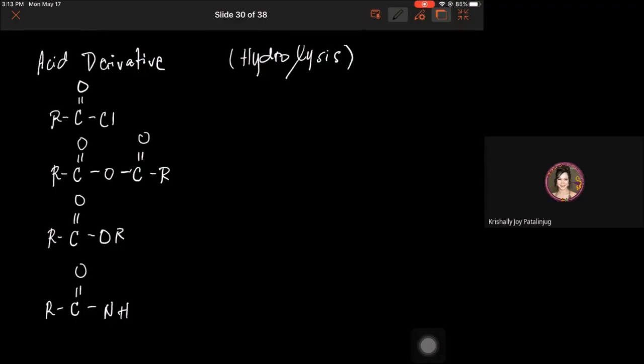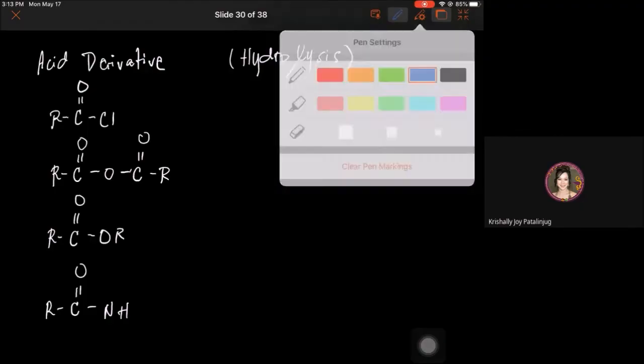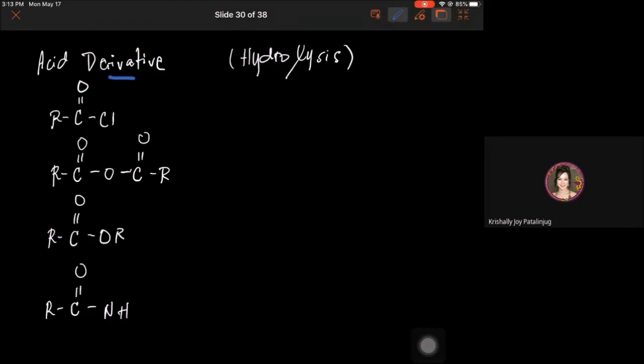So water is being used here to break bonds in that particular compound. Upon hydrolysis, this will produce the original carboxylic acid compound. As mentioned, these are derivatives of carboxylic acids, all derived from carboxylic acid. So upon hydrolysis, this will simply produce the original carboxylic acid.